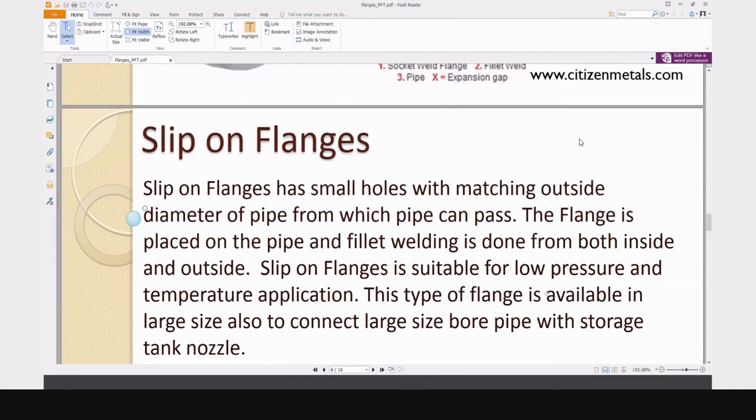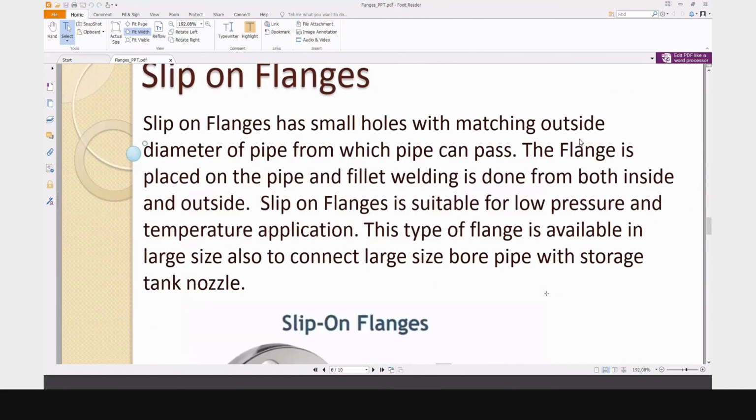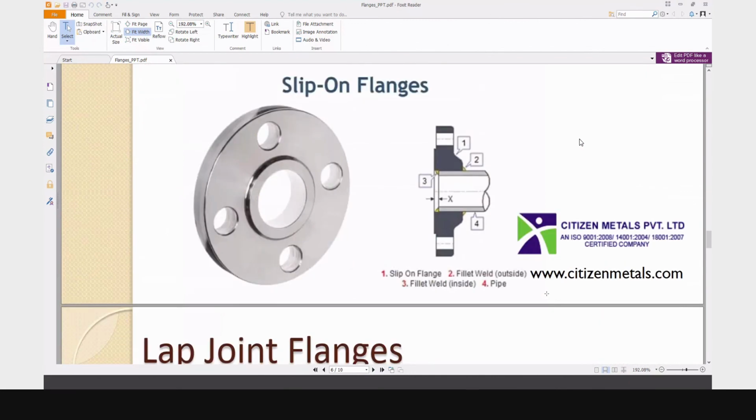Number 3 is the slip-on flange. You can see here this is the flange, and the pipe can go through the diameter of the hole. So it can slip.